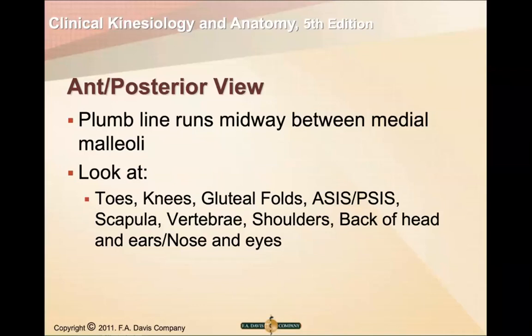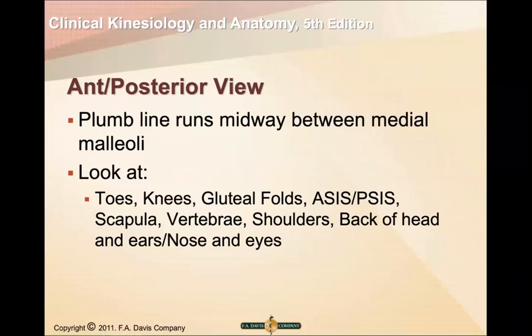You want to look at their scapula from the back, because you may see one scapula higher or lower, or one that's more rotated than the other. The shoulders, you may see one shoulder higher or lower than the other, or maybe leaning to one side more than the other. So all those things you'll look at.